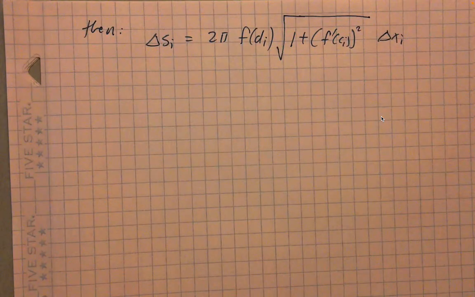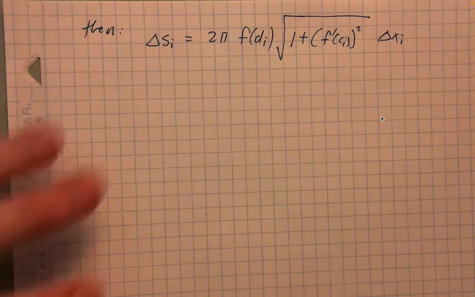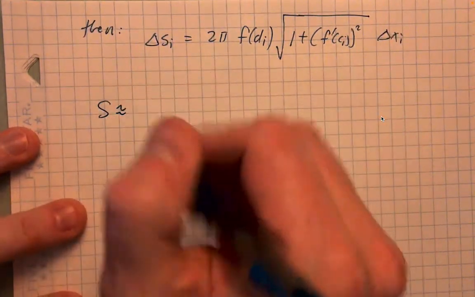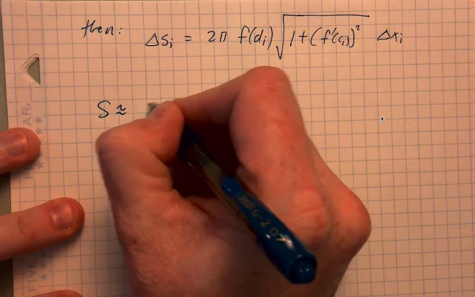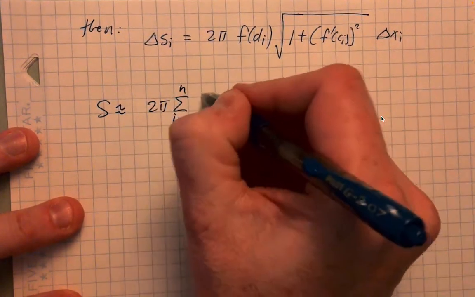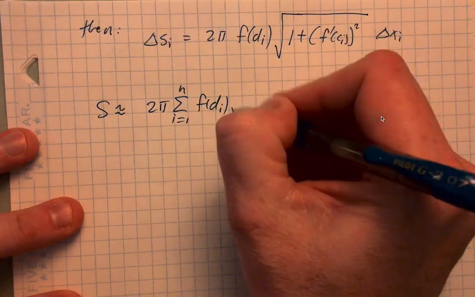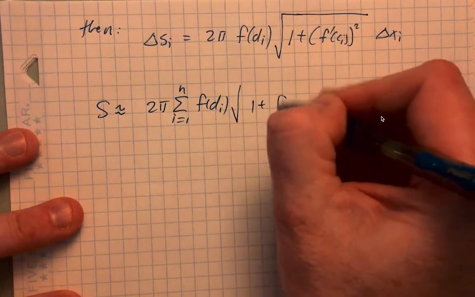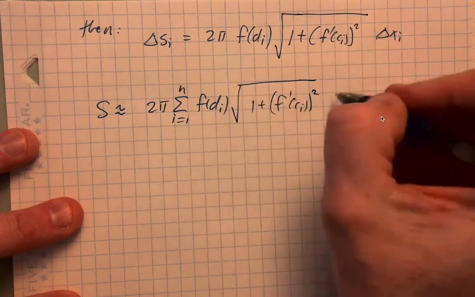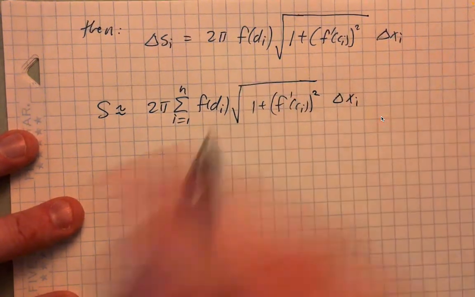So we can obviously sum over all such intervals, and this is what we always do. So S is approximately equal to the sum, we'll put the 2 pi outside, sum of i equals 1 up to n of f of di times the square root of 1 plus f prime of ci squared, times delta xi.